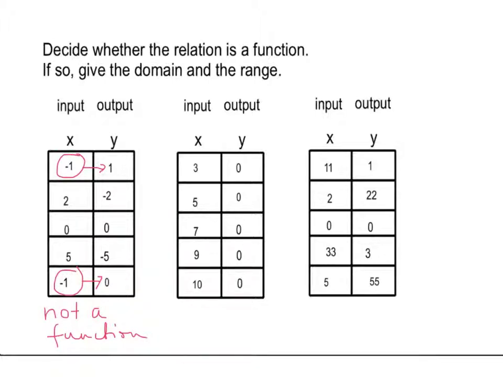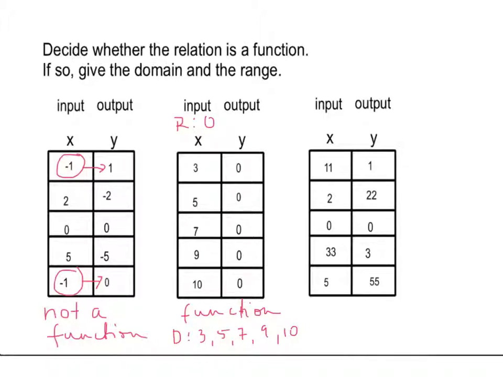In the next problem, if I look at my x's, I have all different x's. So that means this is going to be a function. So the domain of this function is 3, 5, 7, 9, and 10. And since I don't have enough room on the bottom, I will put the range up here, and the range is just 0.